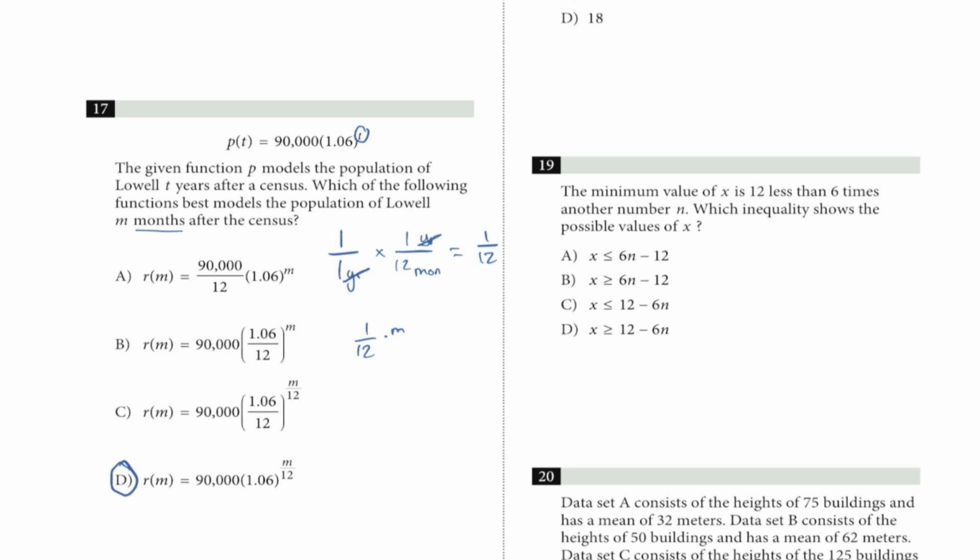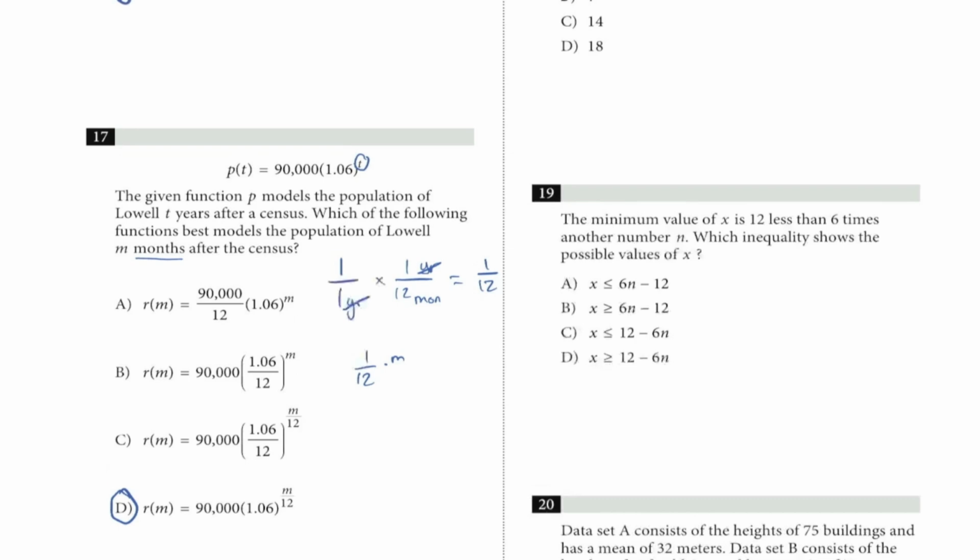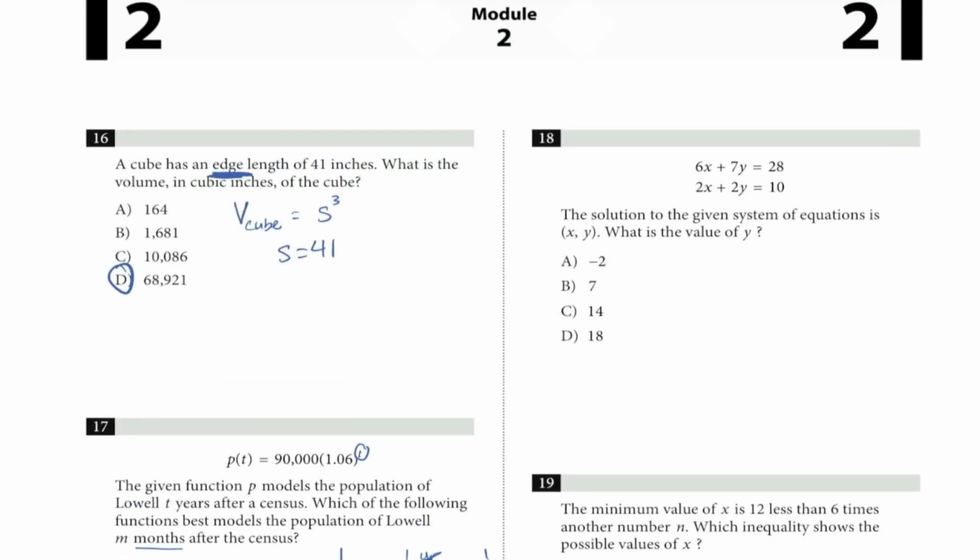And again, neither the parentheses part nor the number in the front, the 90,000, will change for these questions. Very common. I think this is one of the easier ways to do it. Again, if you just know the 90,000 doesn't change, the 1.06 doesn't change, it only left us with D. All right, number 18.